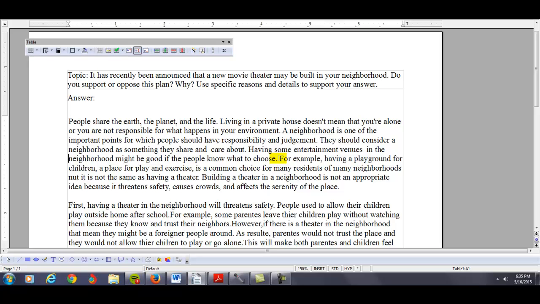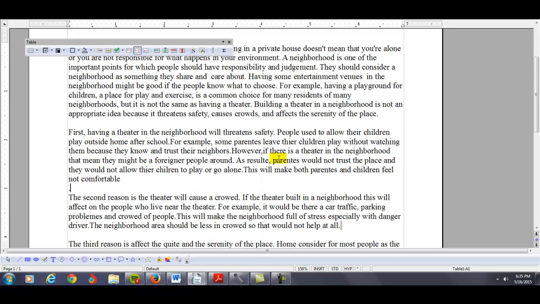For example, having a playground for children, a place for play and exercise, is a common choice for many residents in many neighborhoods, but it is not the same as having a theater. Building a theater in a neighborhood is not an appropriate idea because it threatens safety, causes crowds, and affects the serenity of the place.